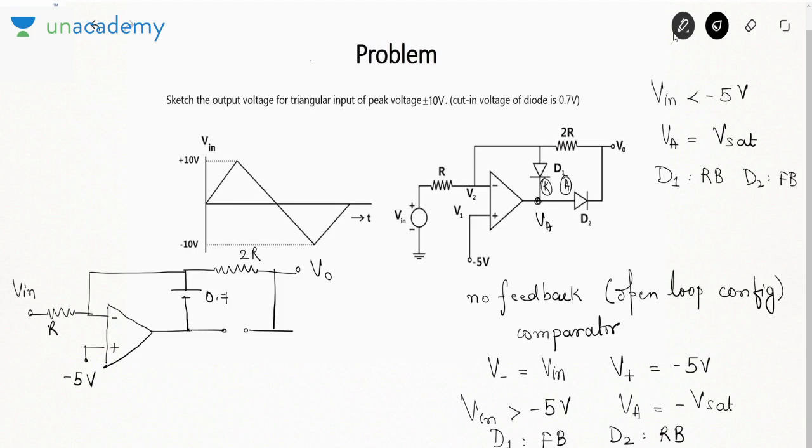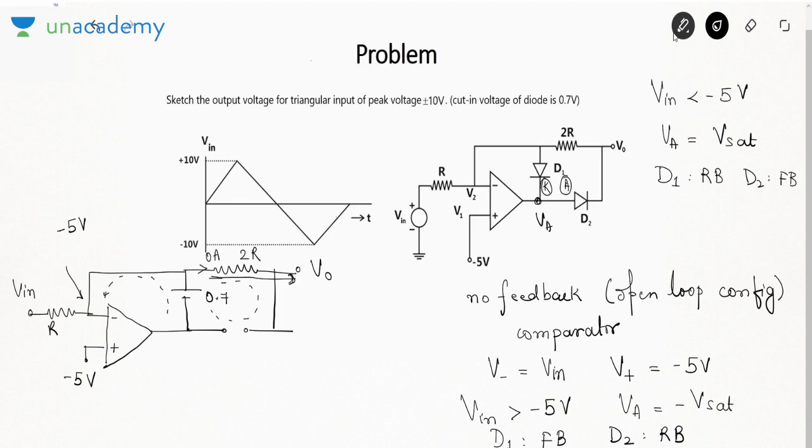Now due to negative feedback, we can apply virtual ground. If you apply virtual ground, you will say this voltage is minus 5. But no current can flow in this resistance. Why? Because there is no closed loop for the flow of current. So current here is 0 ampere.